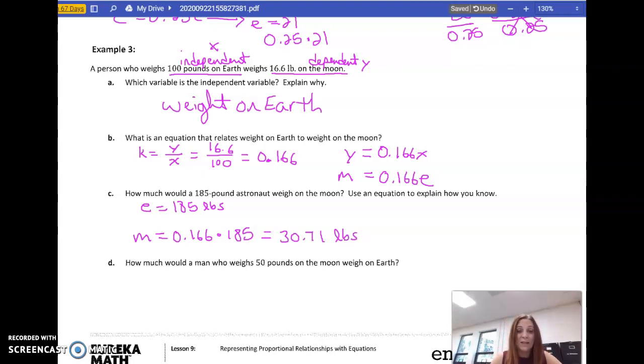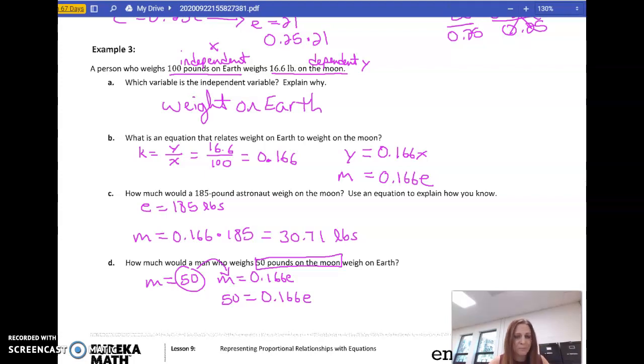Now, if he weighs 50 pounds on the moon, well, again, that would mean m is 50. And we're going to use our same equation of m equals 0.166e, but this time that has to be plugged in for m. So 50 equals 0.166e.